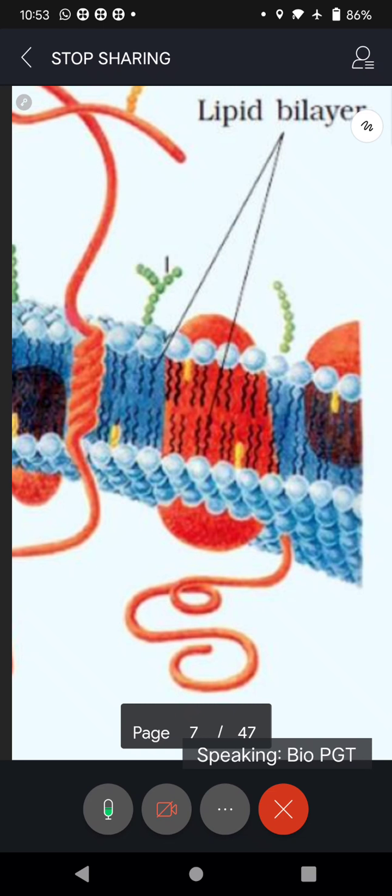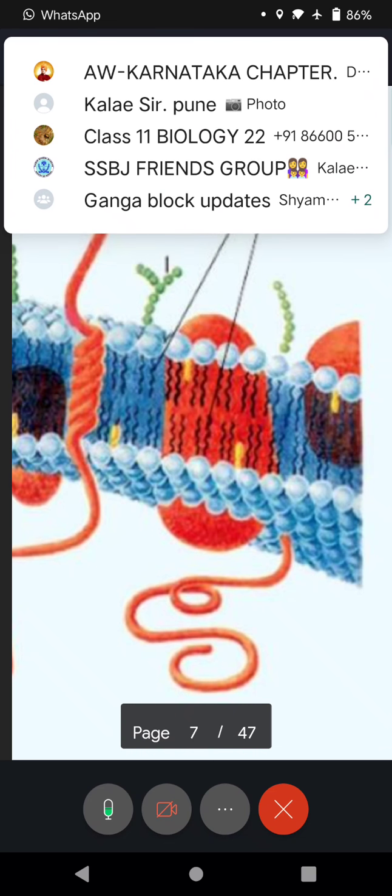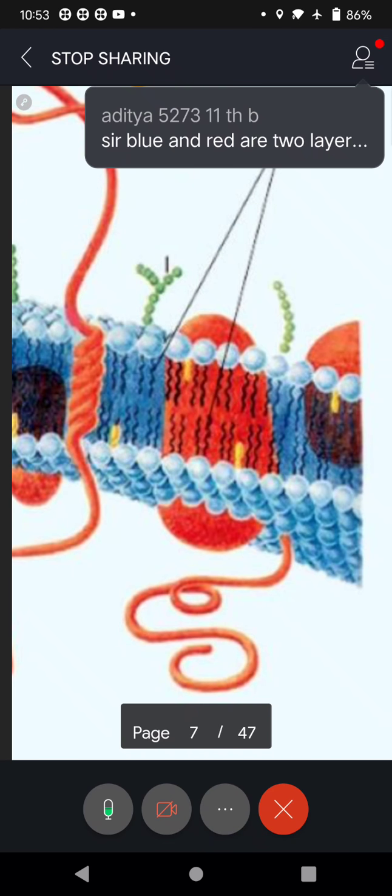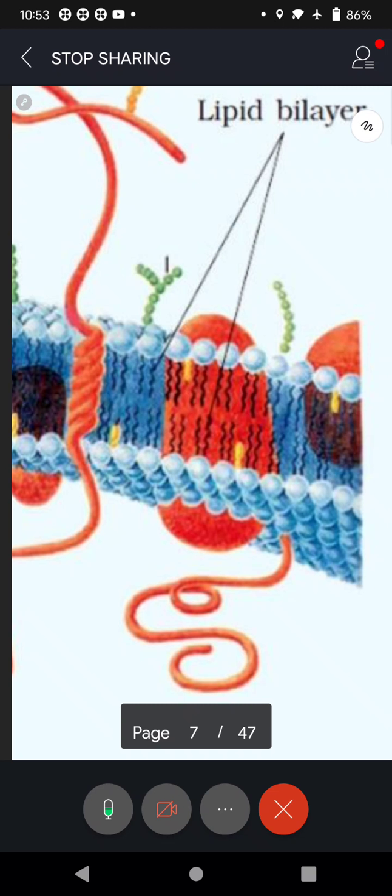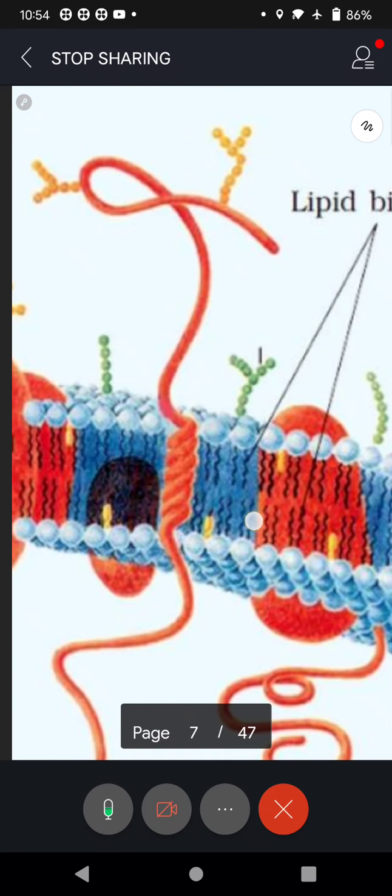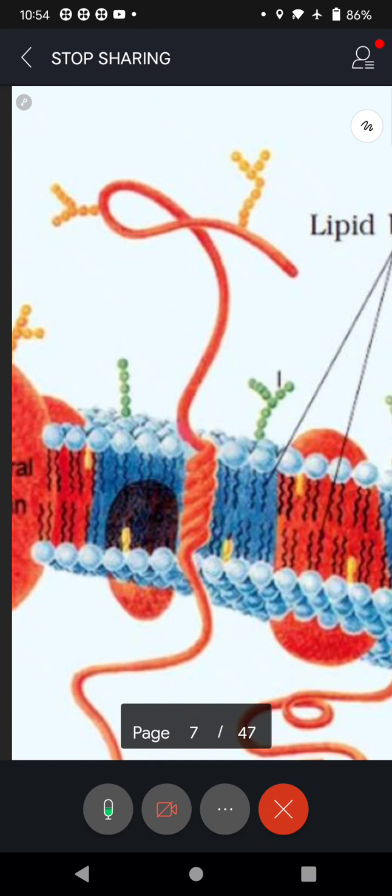One on top, one at the bottom. So we say bilipid layer. Bi means two, lipid. Okay? Two layers. And they are black ribbons with a background, as somebody is putting it, blue and red.